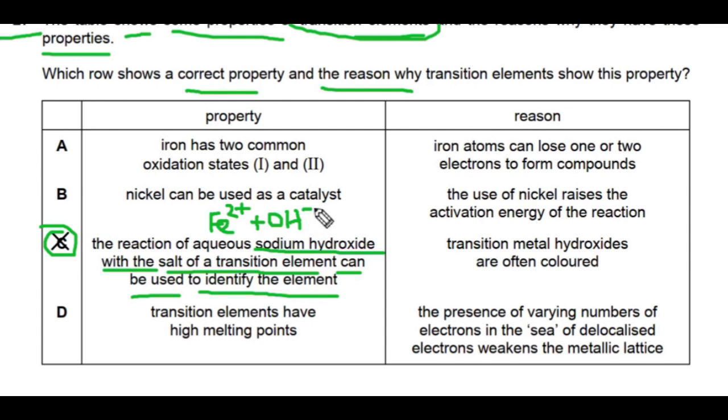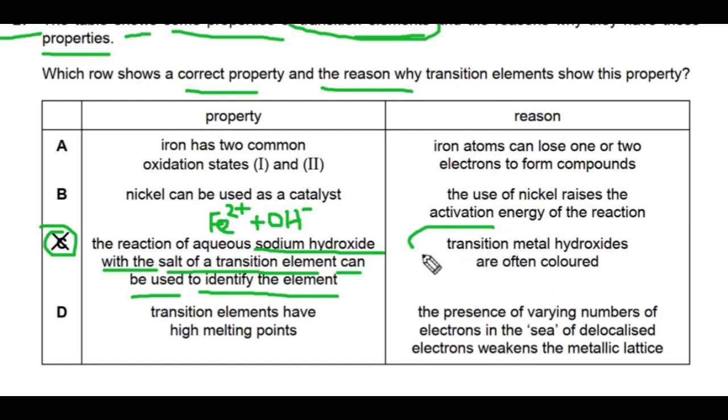So you can tell iron(II) ions are present. Transition metal salts react with sodium hydroxide to produce their hydroxides, which are different colors. By observing the color, you can detect the transition metal.